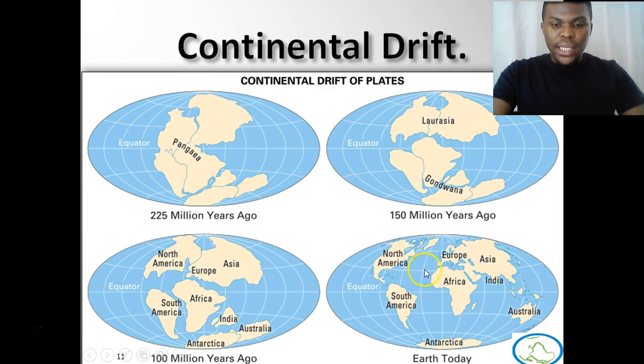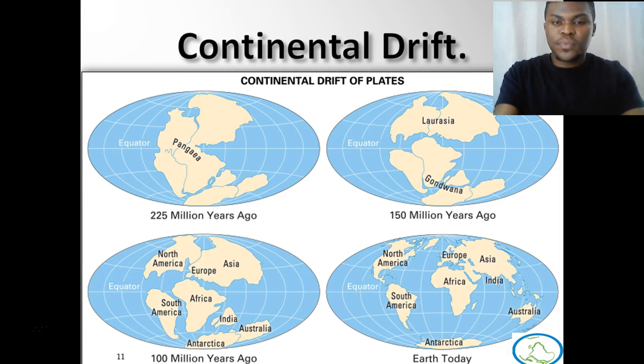Today we have 7 different continents which are widely dispersed, and scientists have proven that the continents are still in constant motion, and it is a great fact that Africa is being divided into 2 continents.